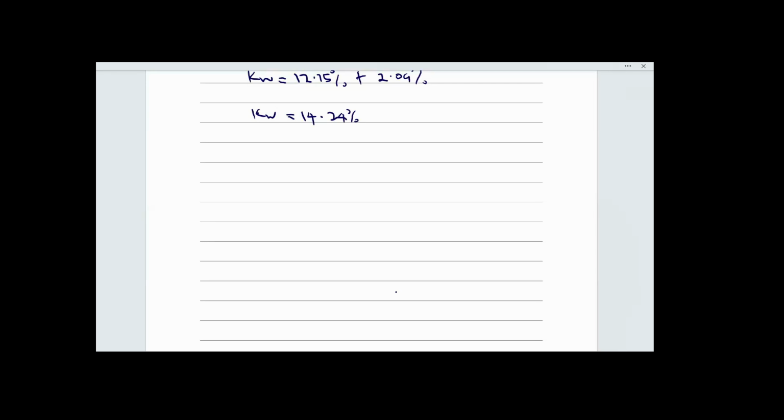So now the examiner is asking you to explain or discuss whether the shareholders of Kilimanjaro PLC should only be concerned with systematic risk.